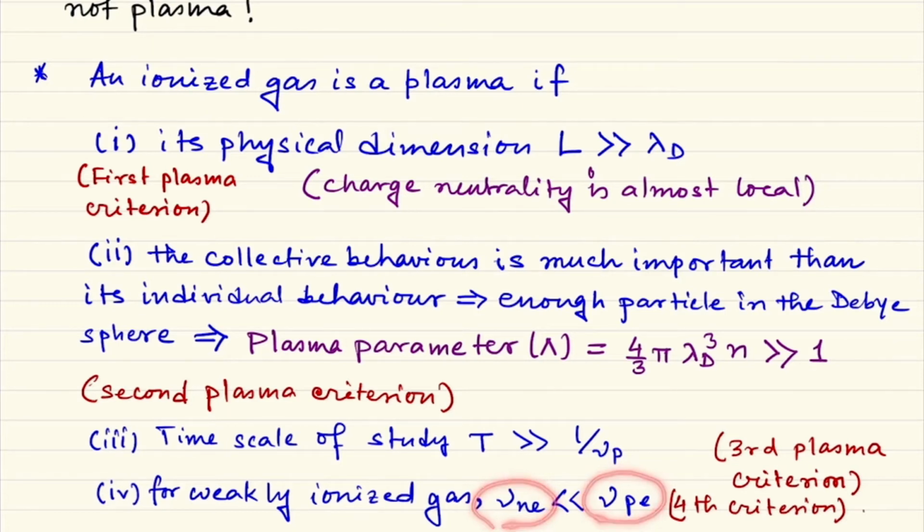And that's why once the charge neutrality is broken, it is very difficult to get back the charge neutrality if the collision between the neutral particles and the electrons is sufficiently large. That is not what we want. So this is the required criterion to get back the quasi neutrality.